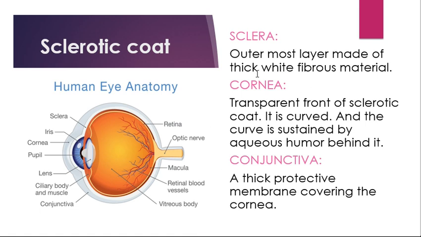The next part is the cornea. The transparent front of the sclerotic coat is actually the cornea. This part is a bit curved. You can see it in the diagram also. The cornea itself is a delicate membrane.